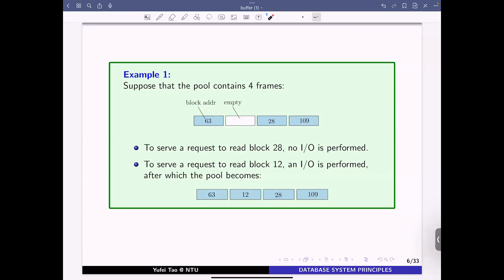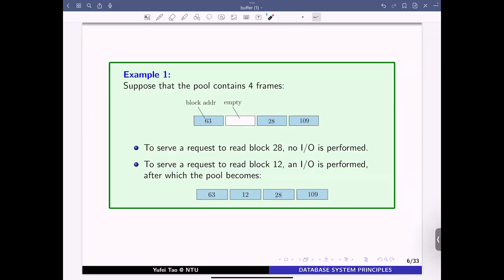The database performs one IO to get the contents of the block, but then it will also find an empty frame to retain this block in the buffer pool. Indeed, we have an empty frame here, so that's why 12 goes there. Pretty simple so far, right?